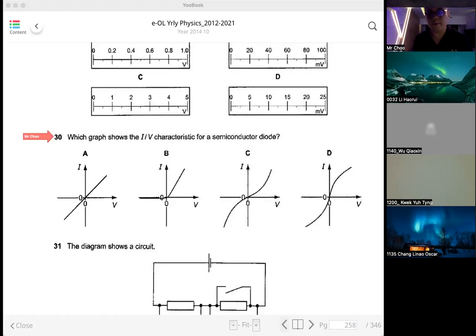Okay, Ryan, well done. Hao Ray, well done. Oscar, what's your answer? Okay, Oscar, incorrect. So which one has current in one direction and no current in the other direction? Oscar, what's your answer? Okay, sorry Oscar, you changed your answer, correct.